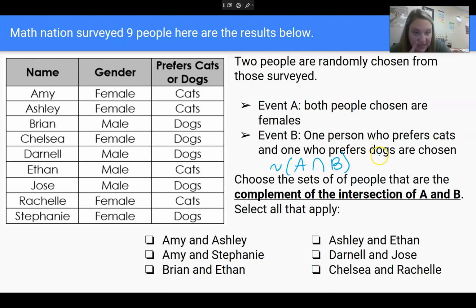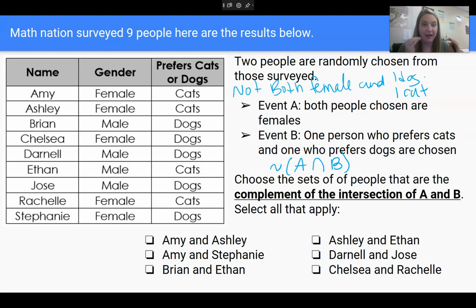B is that one prefers cats and one prefers dogs. So this means not both female and one dog, one cat. Okay, so it can't be that combination.